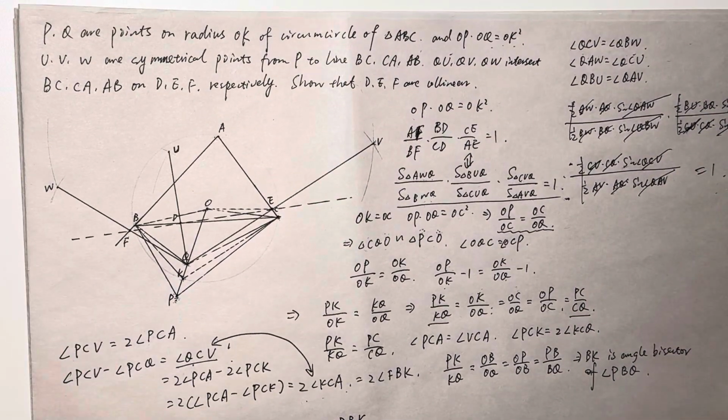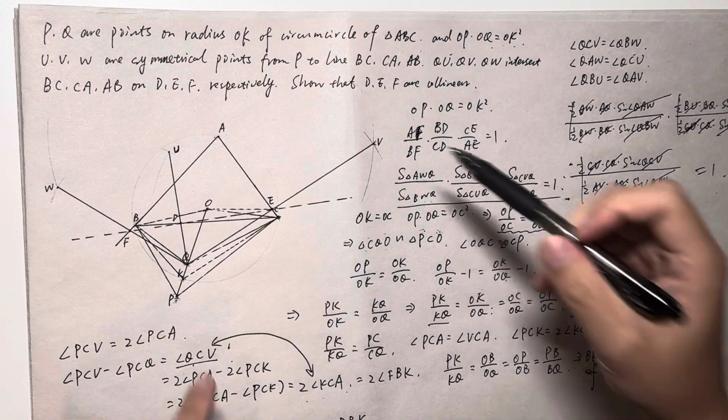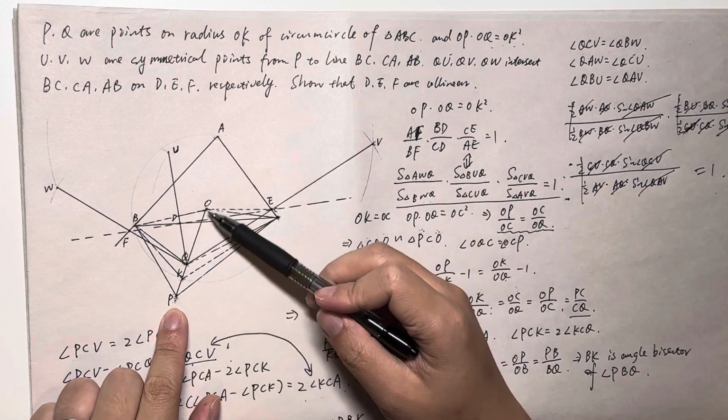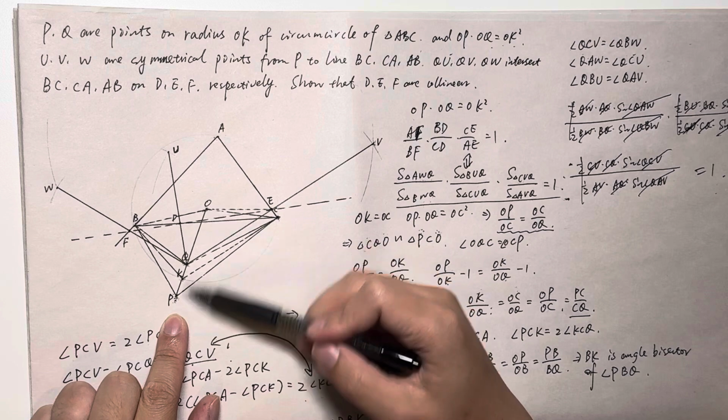So let's just do a short review of this problem. At the very first, we actually find the problem is a variant of previous problems where P and Q are on the circumcircle of the triangle ABC, and it's just a variant that makes P and Q on the radius of OK.